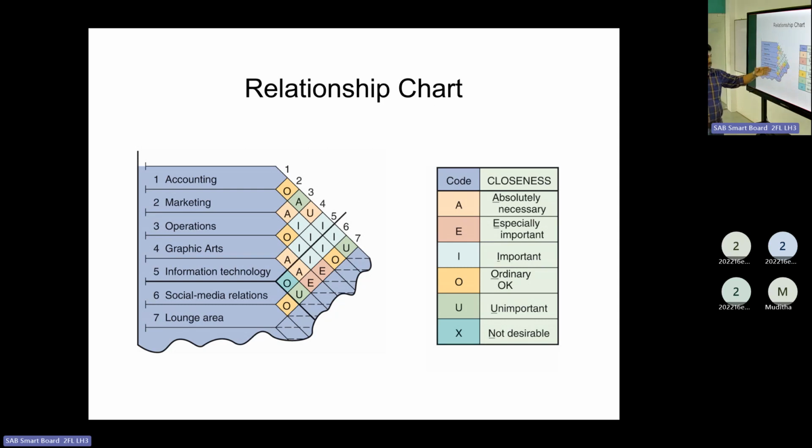Now the relationship chart, you get one gauge for each pair. For example, this O refers to accounting and marketing. The A here refers to accounting and operations. And the next A here is marketing and operations. So likewise, each gauge refers to the location preferences between two departments.